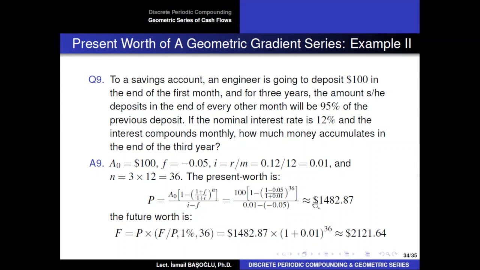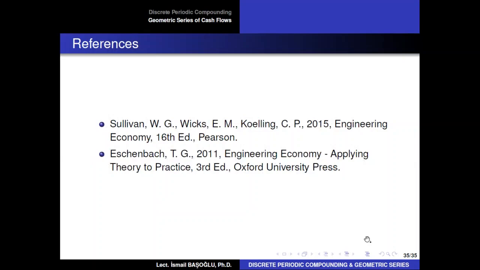So you are going to multiply the principal amount with 1 plus 0.01 to the power 36. Remember now, monthly effective interest rate is 0.01. You are exposed to monthly compounding in the question, and you have 36 periods until the end of the investment plan. So the total accumulated amount will be $2,121.64. All right, so that's it for me today.